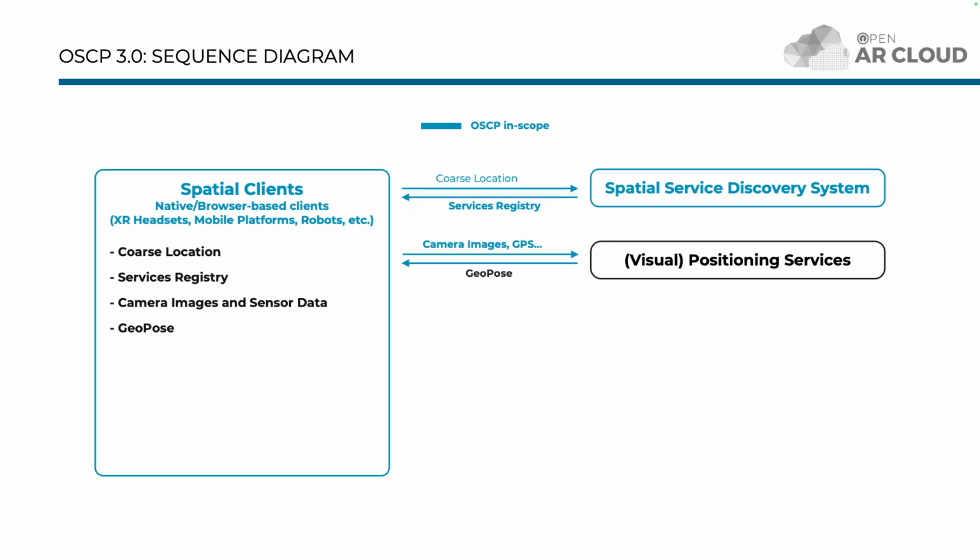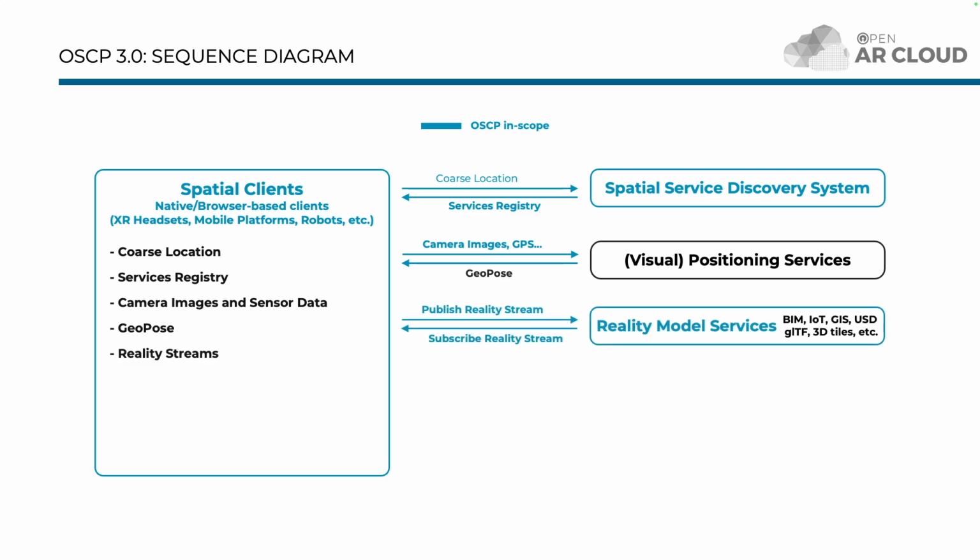The client can now request a geopose by sending an image and other sensor data to a VPS, Visual Positioning Service. In return, it receives an accurate geopose. Its precise 6DoF position and orientation in the real world.